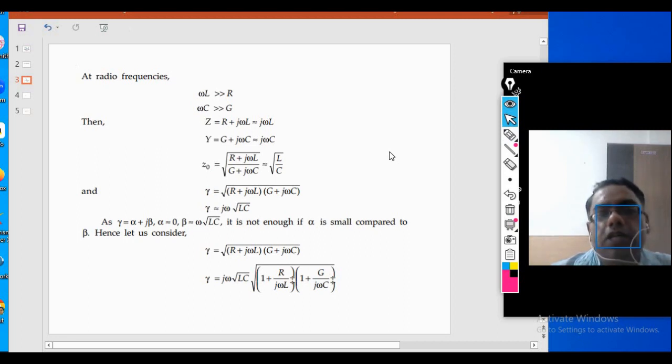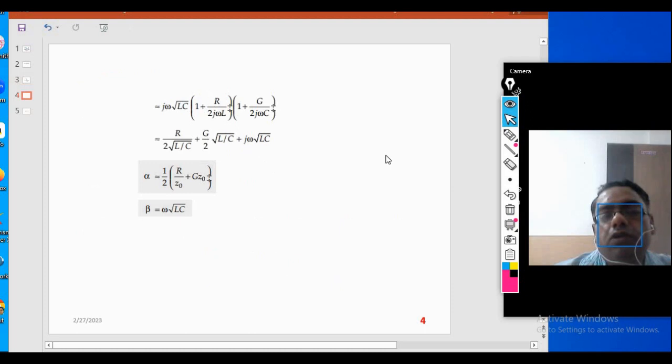If we expand this in binomial series form and open the bracket, we get this. So alpha is approximately this part, and beta is approximately omega root LC.